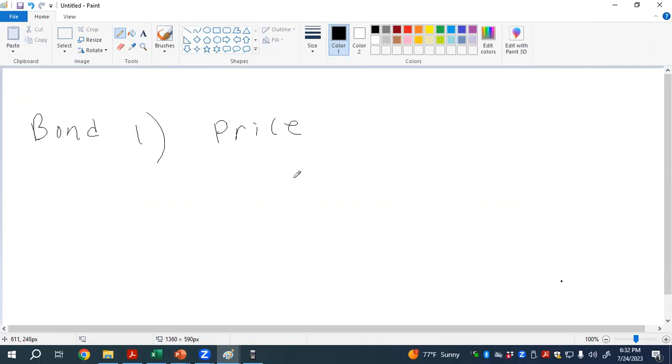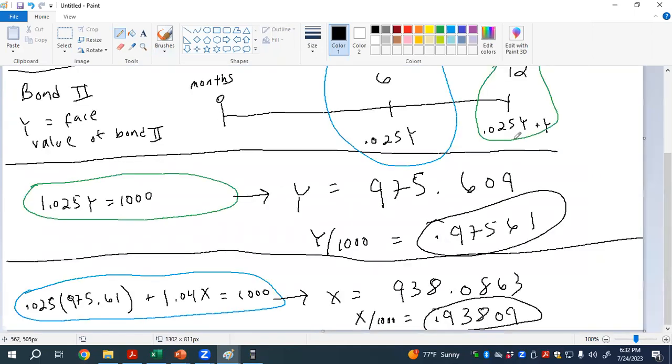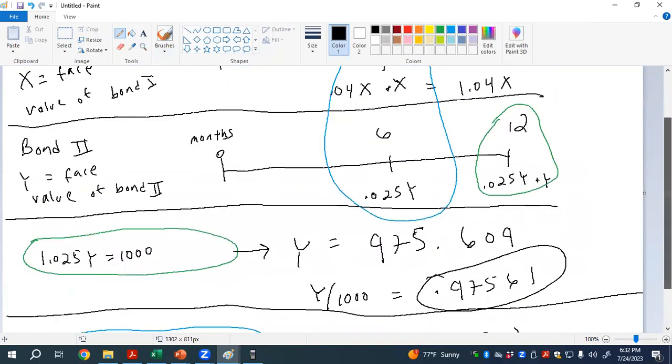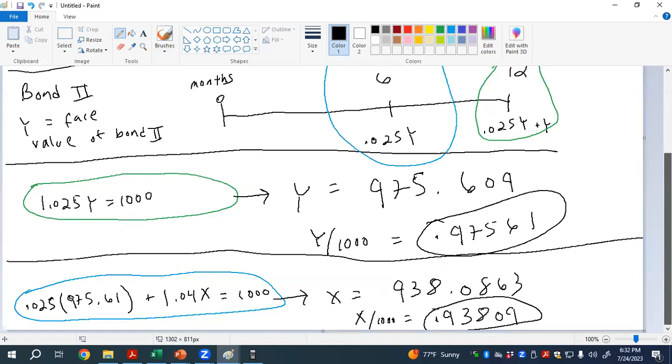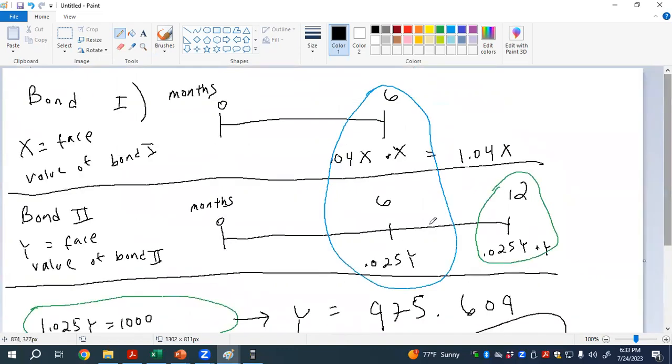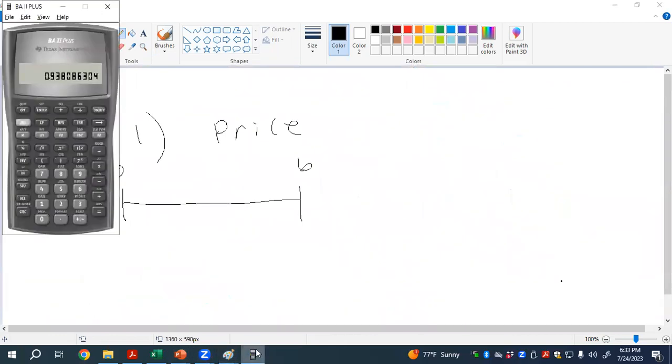And remember, the way to price anything is just take the present value of the corresponding time diagram. Okay. So we know what X is, 9380863. So I'll just redraw this. Okay. So let's see.